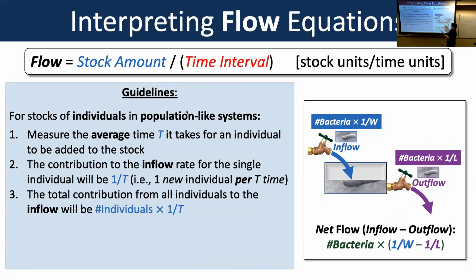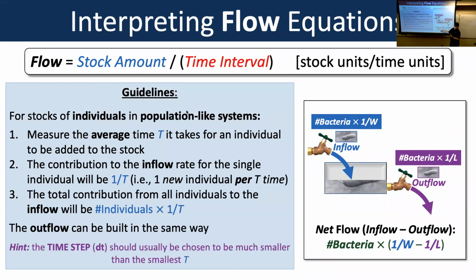And so the contribution from all individuals is the total individuals times the individual rate, 1 over T. The outflow is roughly the same way. I measure the average time it takes for the individual to leave the system. The contribution of the outflow for each individual is 1 over that L. And then the total contribution for the whole population is the number of individuals times 1 over L. And that's how I form flows for population type systems.